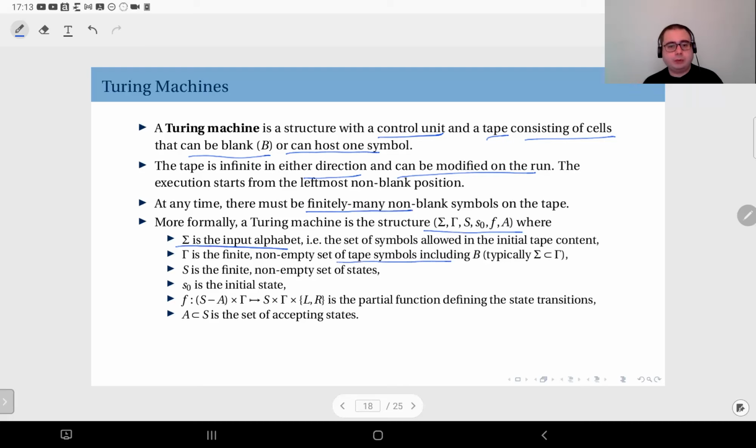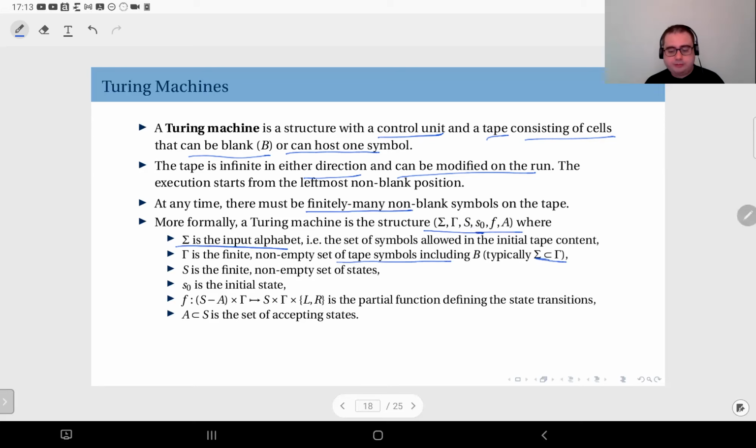Now, this also includes the blank symbol, and blank is not typically allowed in the input symbols, but usually we assume that the set of input symbols is a subset of the overall set of symbols. S again is the set of states, and it has to be finite and non-empty. So you need to have at least one state, and the number of states should be finite.